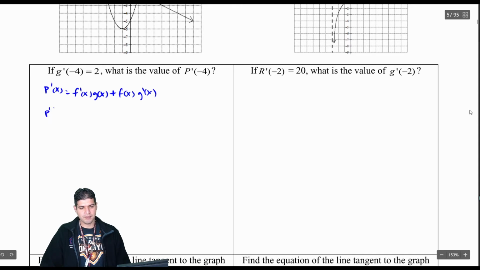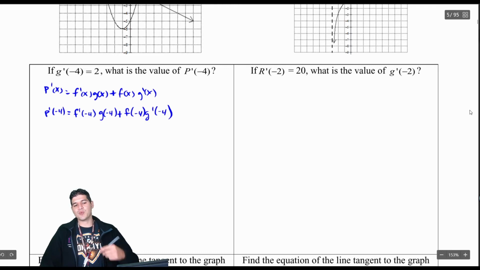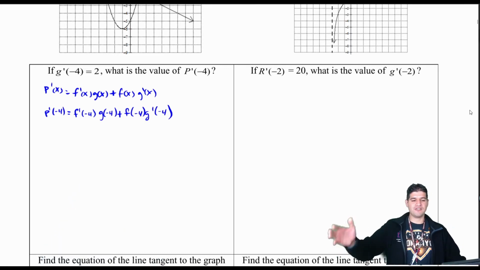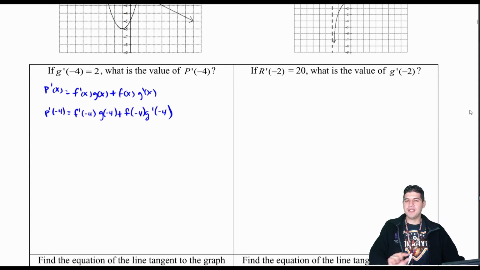So p prime of -4, that's where I want to find f prime of -4 times g of -4 plus f of -4 times g prime of -4. And this is where you might be realizing, oh man, this is actually super helpful because now I have a bunch of little pieces that are really easy to find.